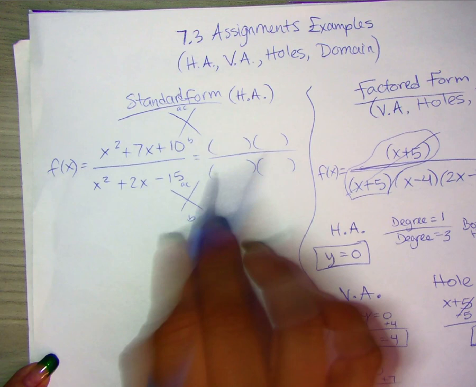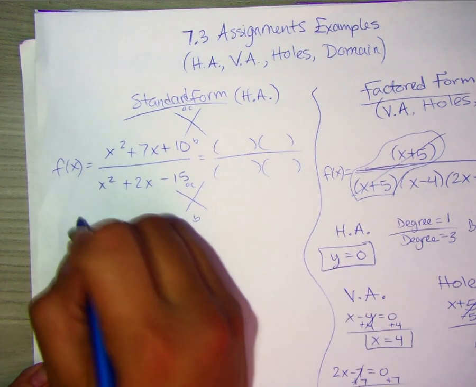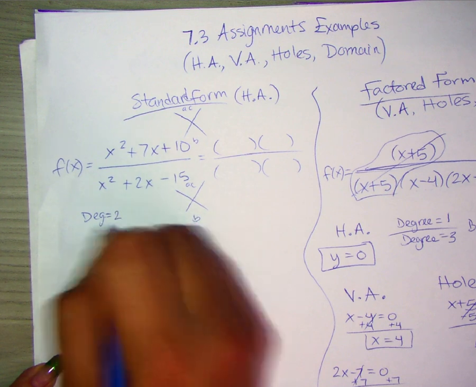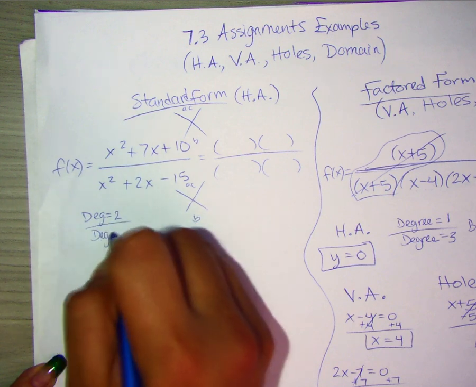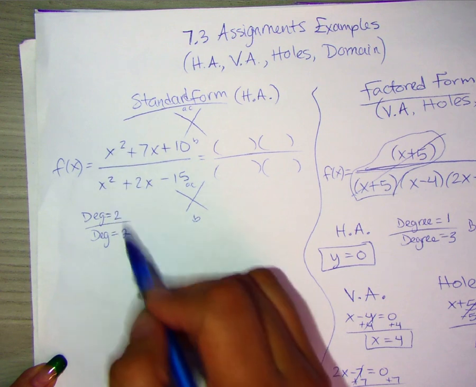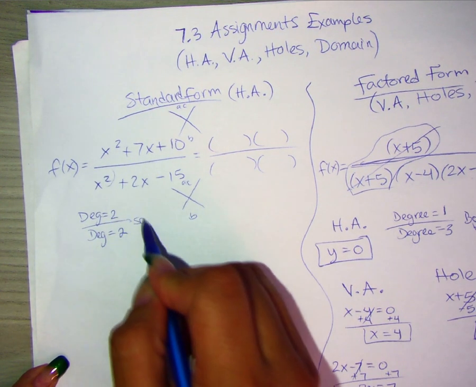But before we factor, I just want to point out, just by looking at this, you can tell right away the degree of the numerator and the degree of the denominator. So on this one, the degree of the numerator and the denominator are both 2, which means they're the same.